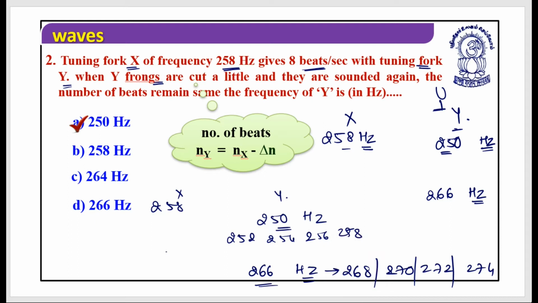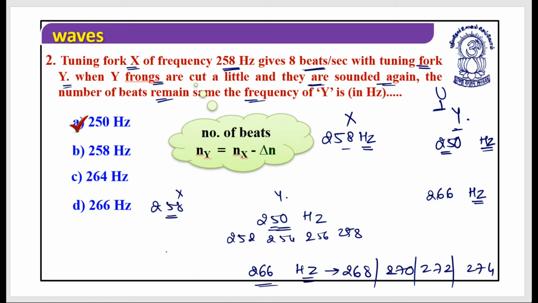Now they say that when sounded again, the number of beats remains the same. So the number of beats should remain 8. Initially, X was at 258 hertz, and let's say Y is 250 hertz, the number of beats were 8.